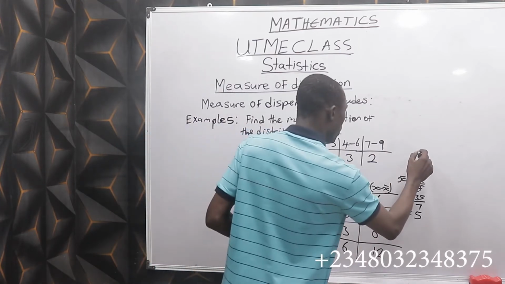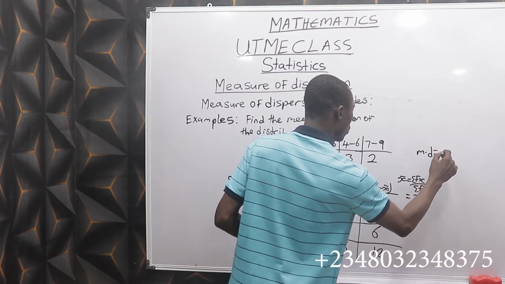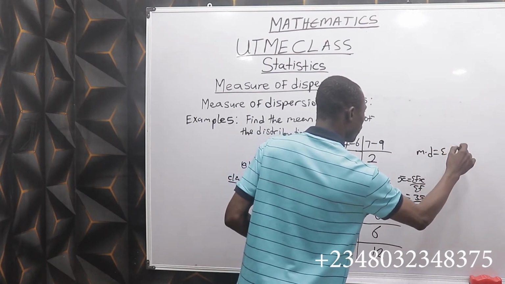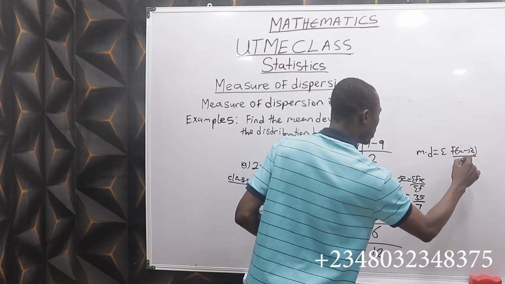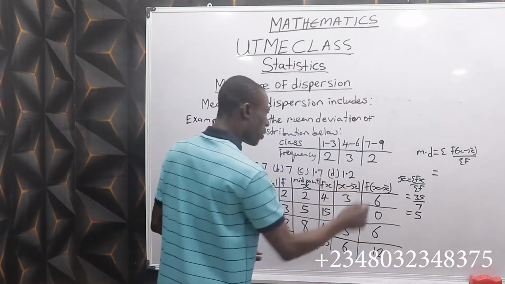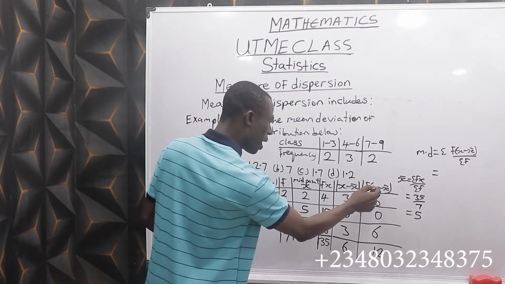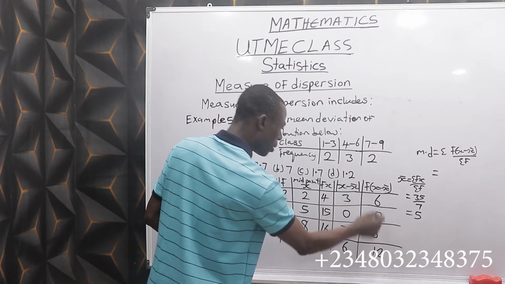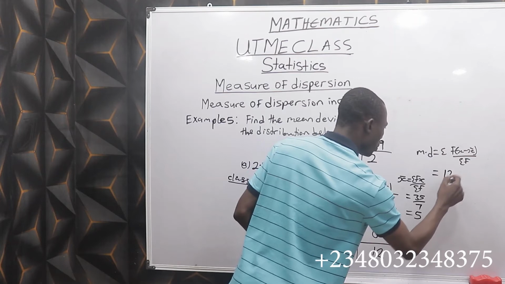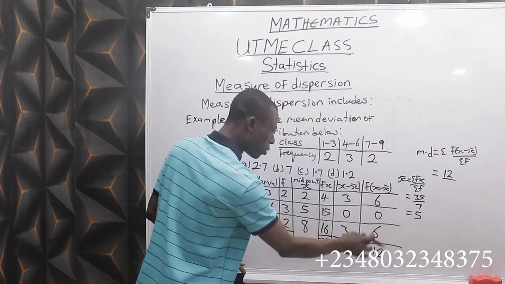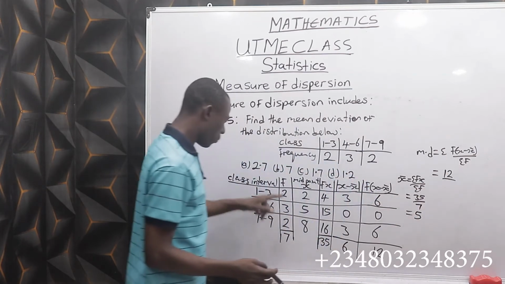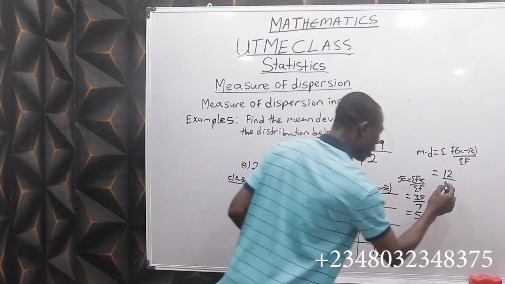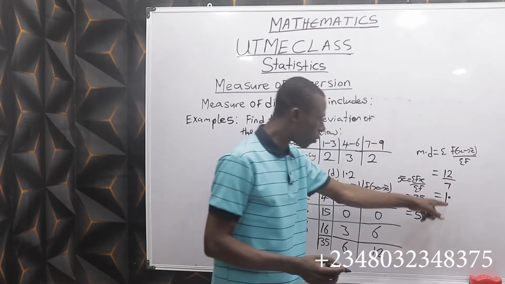Therefore, mean deviation equals summation f into x minus x bar divided by summation f. Mean deviation is summation f into x minus x bar, which is 12, divided by summation f, which is 7. 7 in 12 is 1.